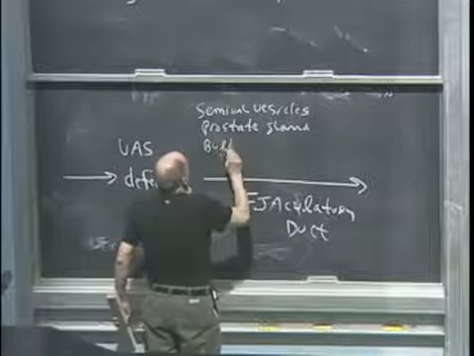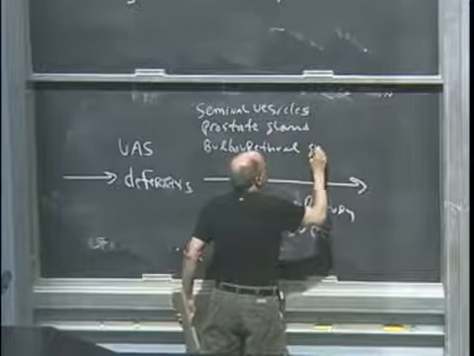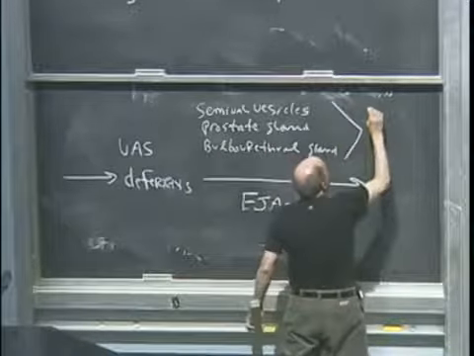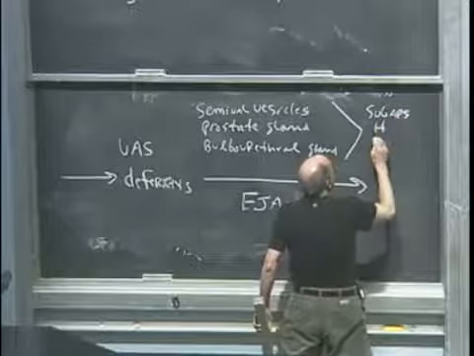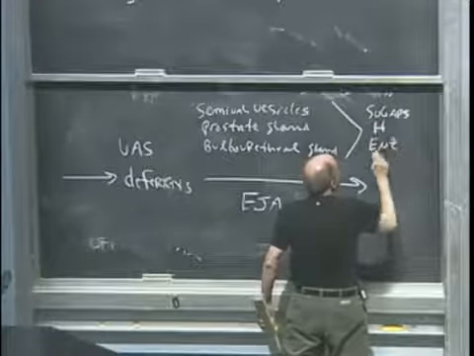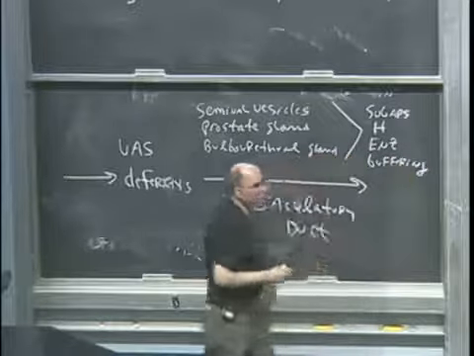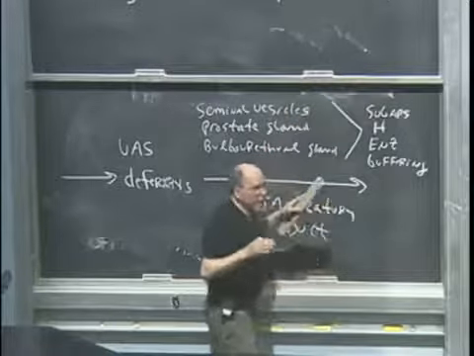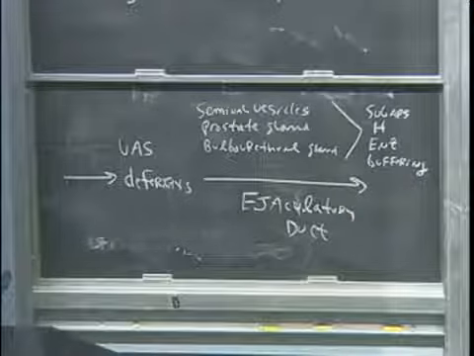You also have the bulbourethral gland. And you don't really need to distinguish these, but together, these guys provide sugars, hormones, some enzymes and protein, and buffering capacity, primarily sodium bicarbonate. But you don't need to know that. You just need to know in total, these glands produce fluid, hormones, enzymes, and so forth.